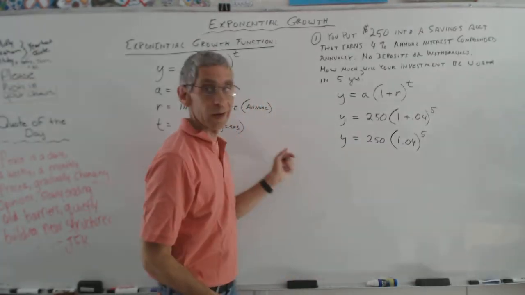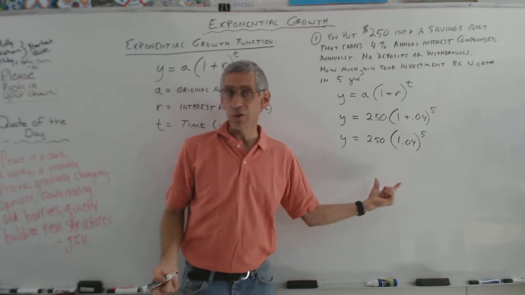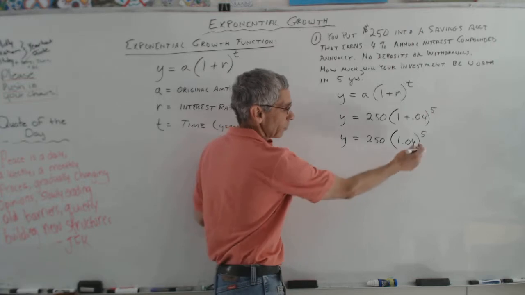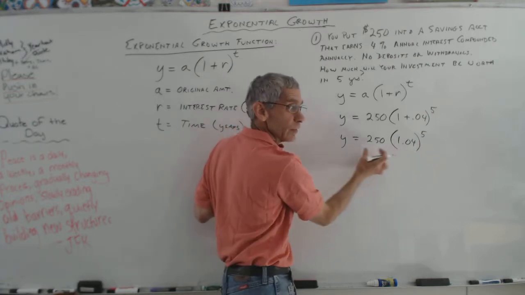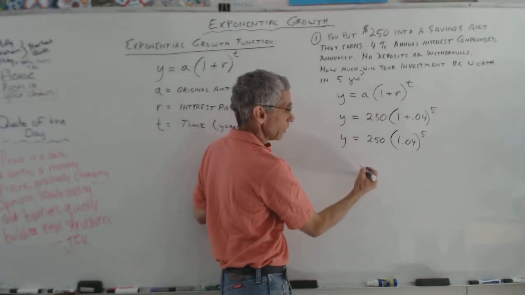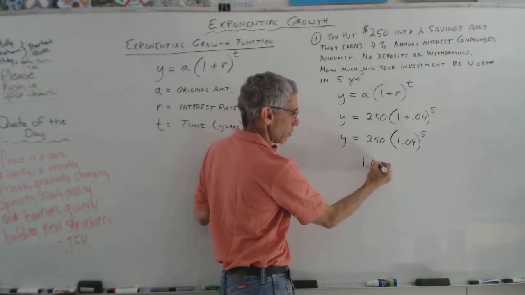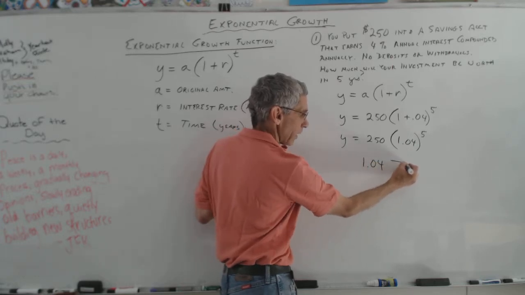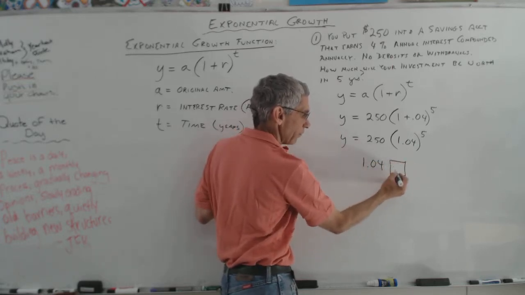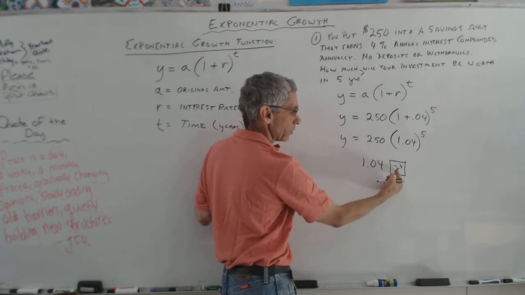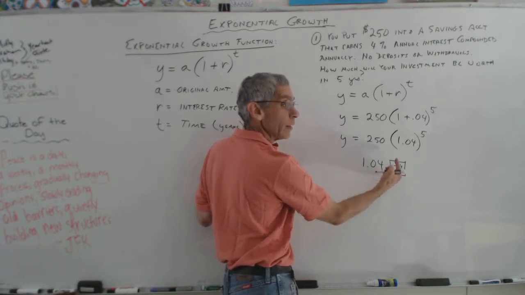Cool. So now I get out my handy dandy phone or calculator, right? And maybe I'll do it this way first. I'll do this first and then I'll multiply it times the 250. So in my calculator I'll do 1.04, and then whatever button you have, right? I have the y to the x, Oliver has the x to the y, and Nate has the caret.